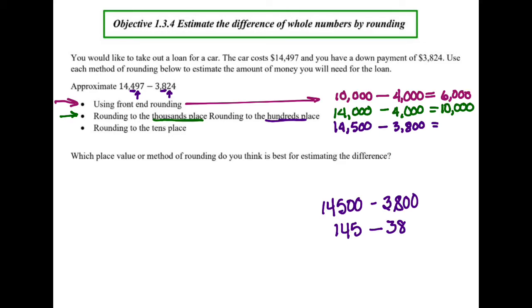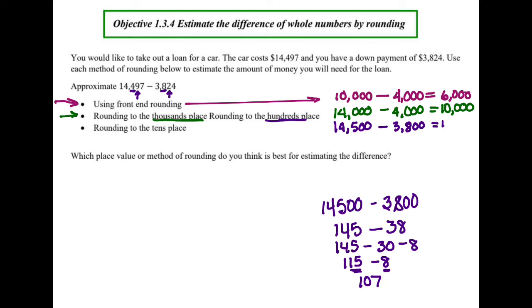Okay, so if I did 145 minus 30, and then the additional 8 there, so 145 minus 30 is 115. And 115 minus 8, still kind of weird, but 15 minus 8 is 7, right? So this is going to be 107.